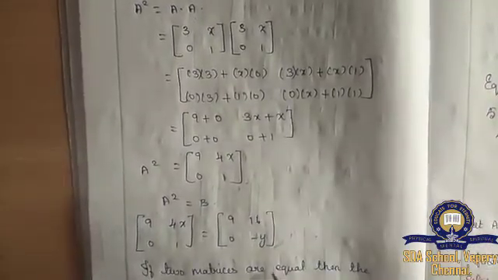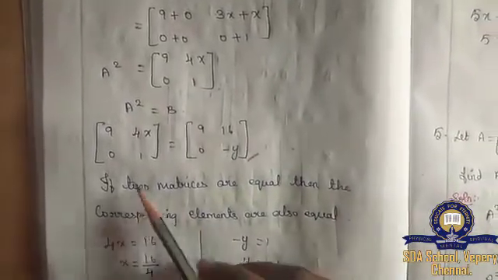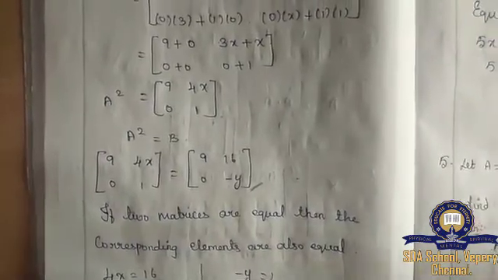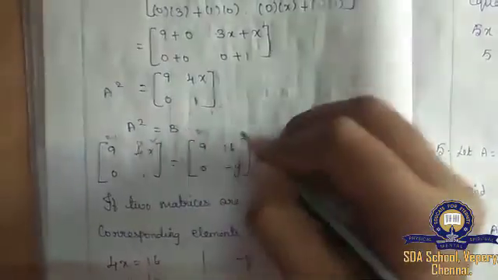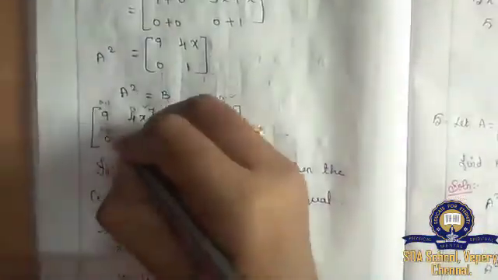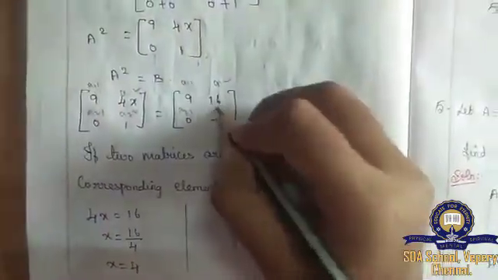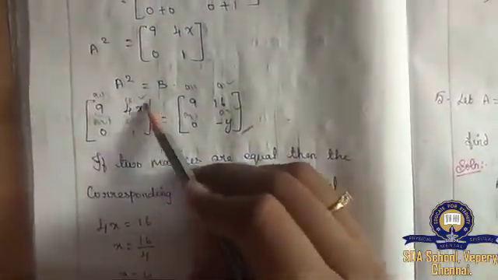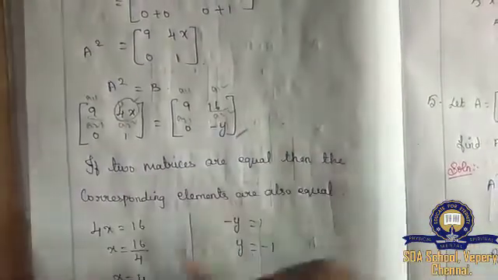In the first video, in the introduction to matrices, I told you if two matrices are equal, then the corresponding elements are also equal. Okay, now A11, A11, A12, A12, A21, A21, A22 and A22, right? So if these two matrices are equal, then corresponding elements are also equal. So here I want to find x and y, right? So can I equate this 4x with 16? What will happen?